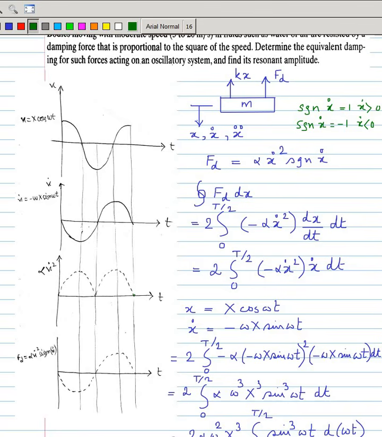But the damping force needs to be negative in this half, where the velocity is negative. So you just add the sign of x dot. Since the sign of x dot is negative here, this becomes negative, and the sign of x dot is positive here, so this becomes positive. So this becomes the damping force.